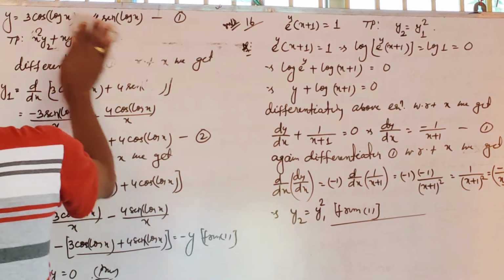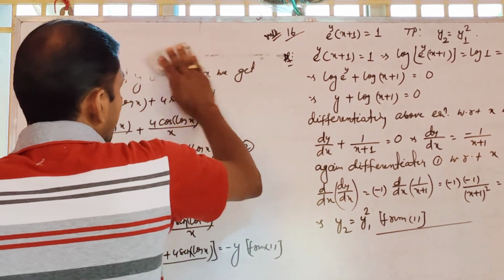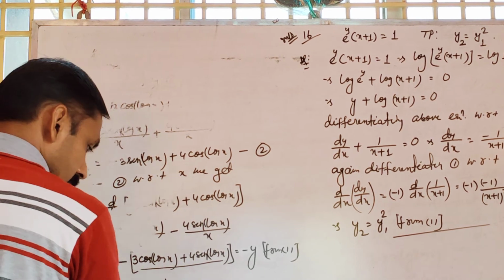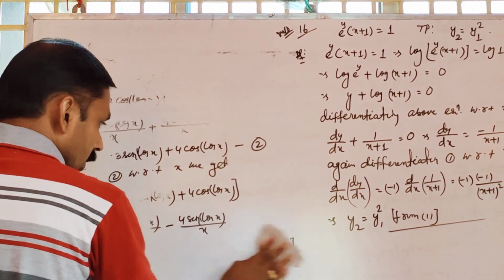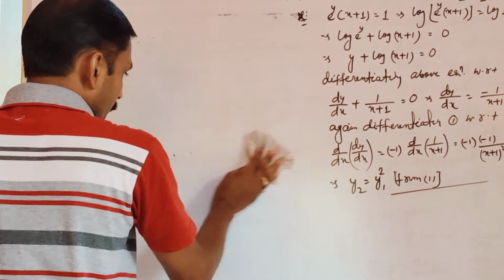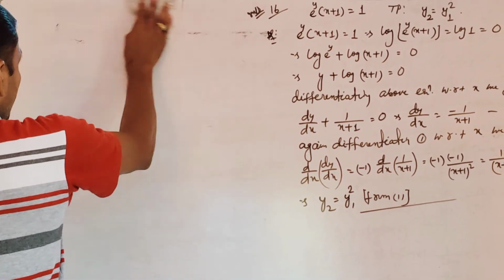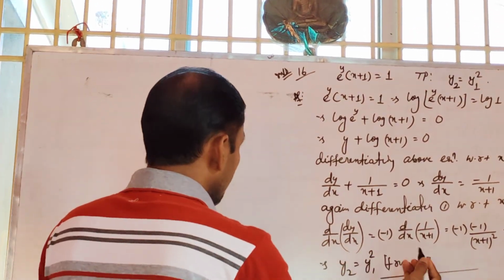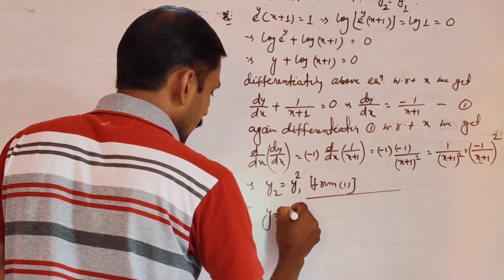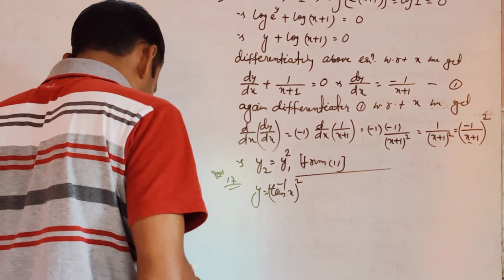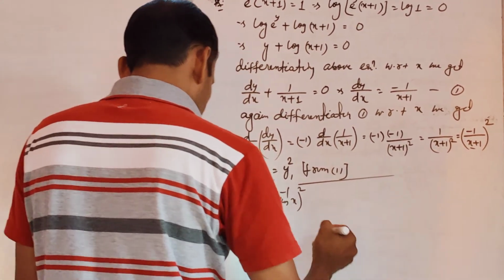Then question number 17. The question is given as: if y equals tan inverse x whole square. Okay, y equals tan inverse x whole square.